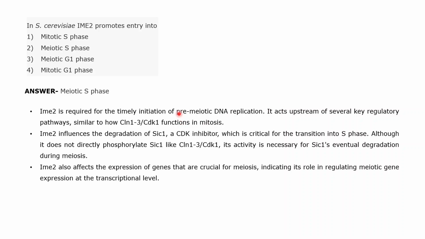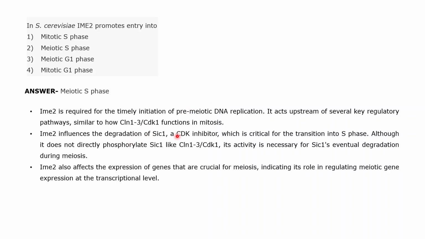IME2 acts upstream of several key regulatory pathways, similar to how cyclins and CDK function in mitosis, because these cyclins are required for entry into S phase of mitosis. Similarly, IME2 has a similar function.